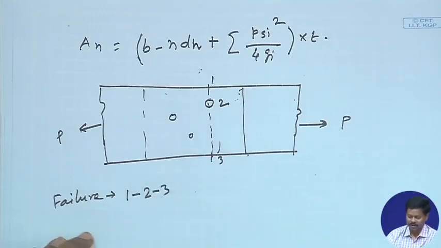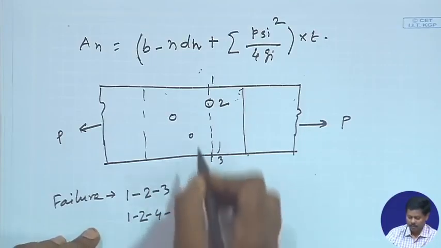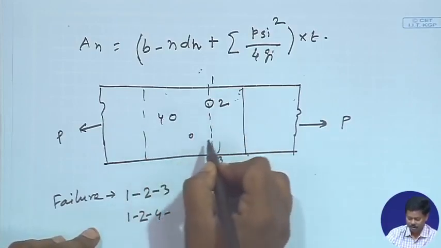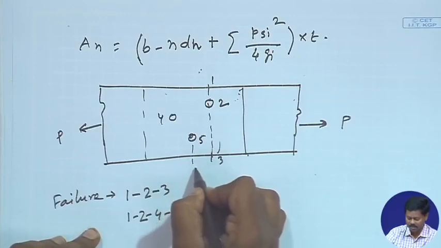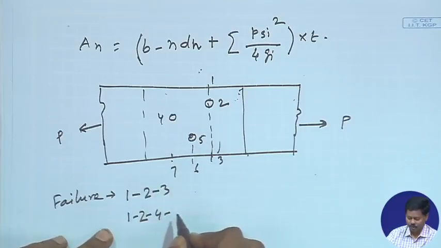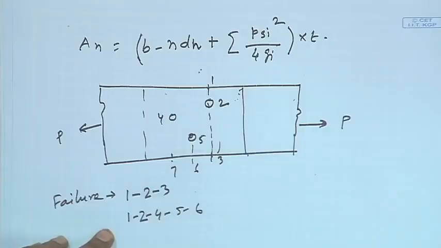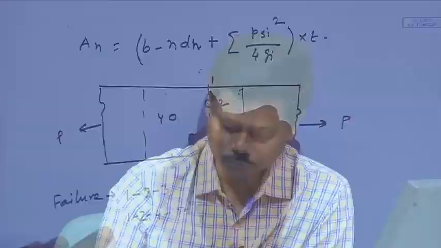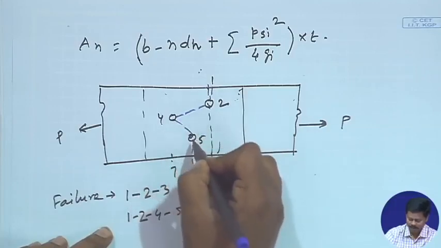This is one case. Then another case will be 1, 2, 4, where 4 is this one, and if I consider this is 5, this is 6, and this is 7. So, 1, 2, 4, then 5, 6, that means this way, 1, 2, 4, 5, 6.